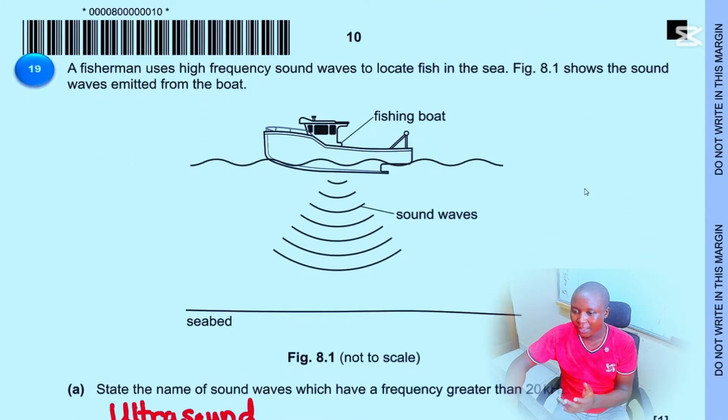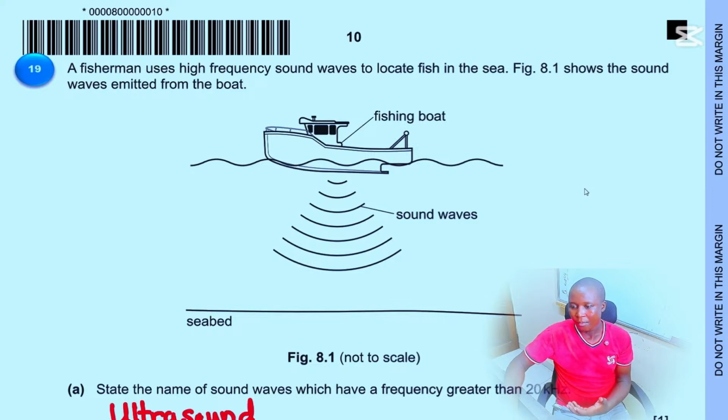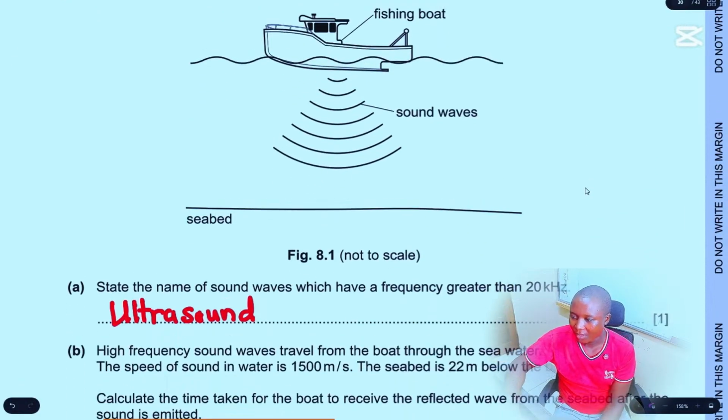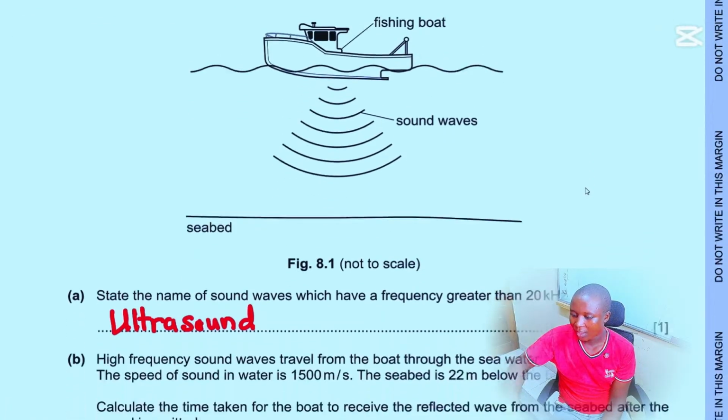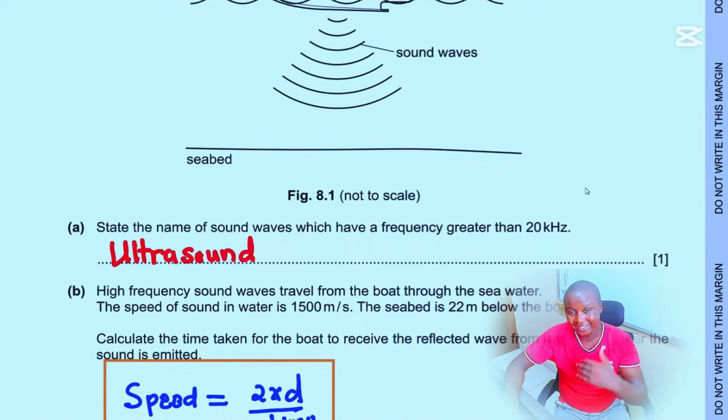Now, there is a concept whereby we can determine the depth of the ocean using sound that is emitted from a boat. A sound that has a frequency of more than 20,000 hertz is called ultrasound or ultrasonic waves, and those that have less are called infrasonic or infrasound.